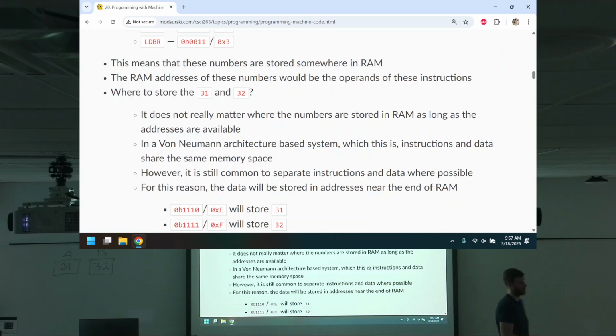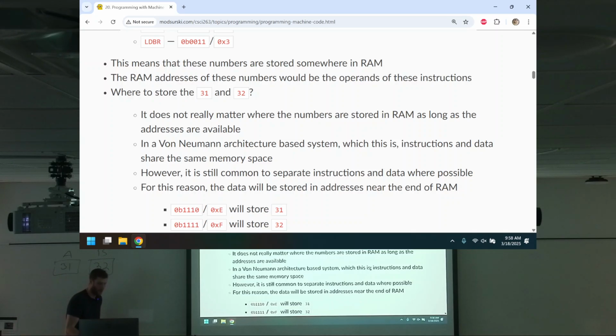In a von Neumann architecture-based system, which this is, where we have shared data and instruction RAM, instructions and data are stored in the same chunk of RAM. Even though they share the same RAM chip, it's still very common for people to logically, and technically physically, separate the data and instructions.